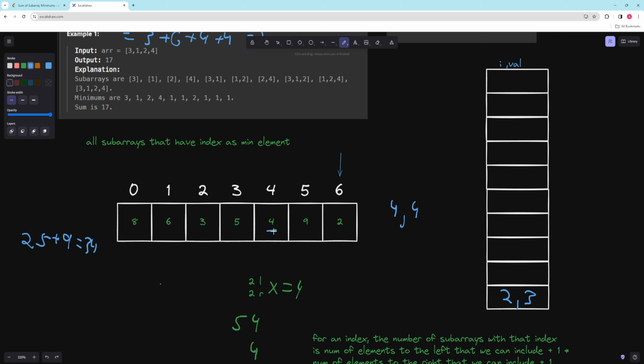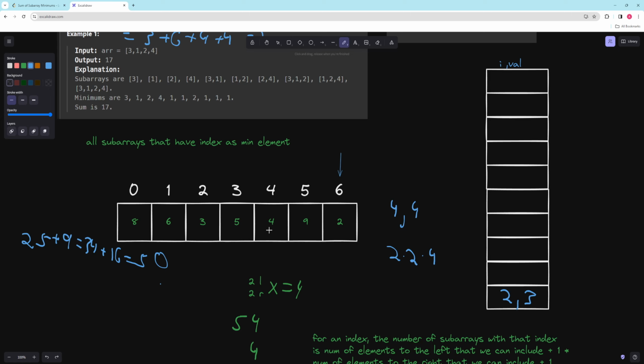So with 4 as the min element, there's 1 element to the left. And how many elements are there to the right? The element to the right of 4 that is smaller is this one over here, the one we're currently on. So there's also 1 element here. So left is 1, right is 1, which means we add 1 to both. So we have 2 times 2 times 4, which is 16. So plus 16, you get 50.